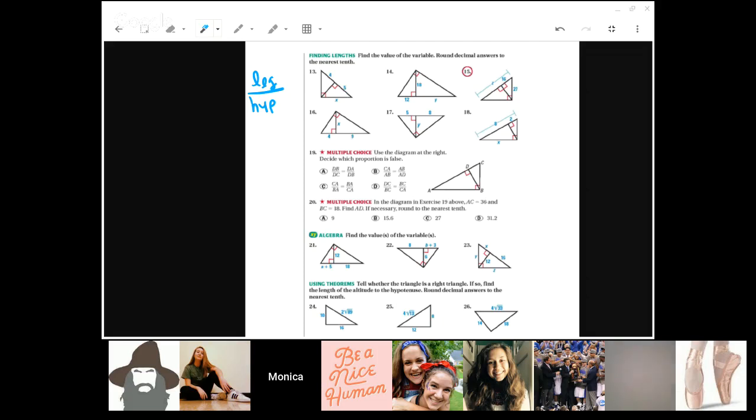Yeah, Lily, I'll get to yours in just a minute, okay? So we have leg and hypotenuse for the big triangle. Do we have a leg and the hypotenuse for a different triangle too? So you're going to set your proportion up leg over hypotenuse equals leg over hypotenuse, okay?